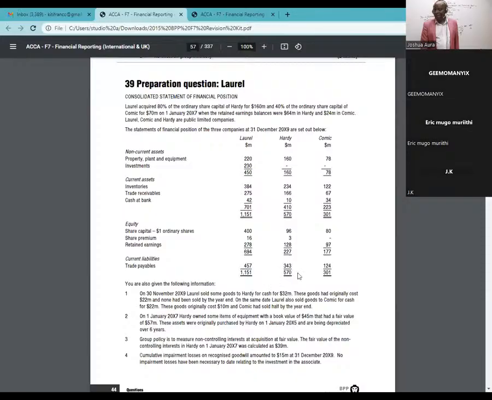So we have two dates here. The very original date when we purchased this was 1st January 2015. And then we did a revaluation on 1st January 2017.